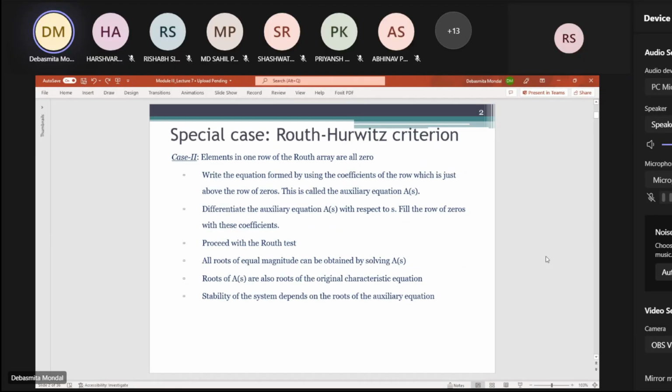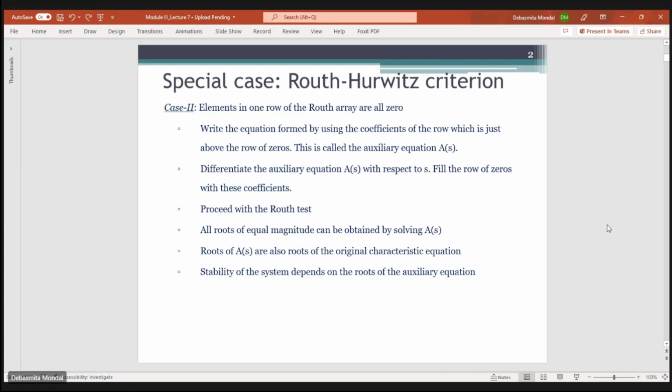The second special case which might arise while you are analyzing the system stability using Routh-Hurwitz criteria is that there might be a case where all the elements in a single row become equal to 0.